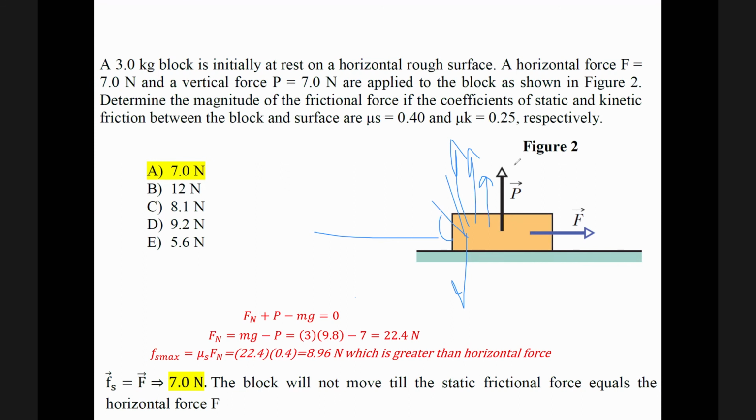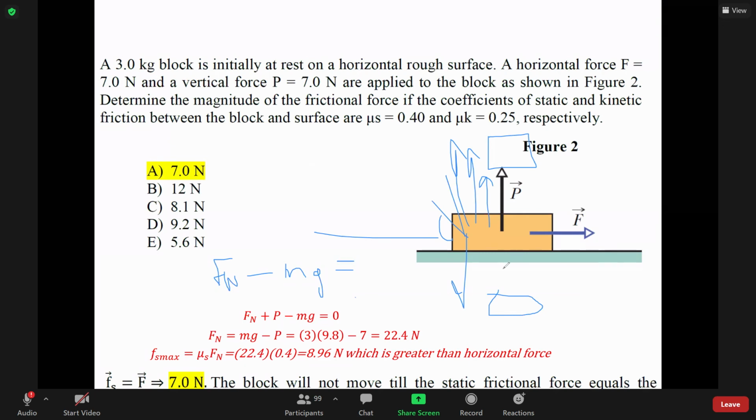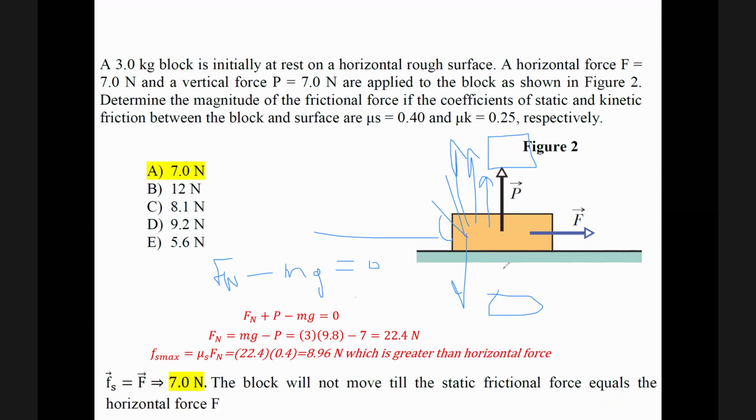We don't know that the acceleration is 0. Because you know the acceleration, Muhammad. The object is neither drilling nor flying. He's telling you he's in contact with the surface. If there were acceleration in y, this object would be flying up or digging into the surface. Right? There is no motion in y, my dear. Why do we always say FN minus mg equals 0? We should write ma, because we know it's not drilling and it's not flying. It's in contact with the surface. If he said it will fly up, then ma, and calculate the a y.